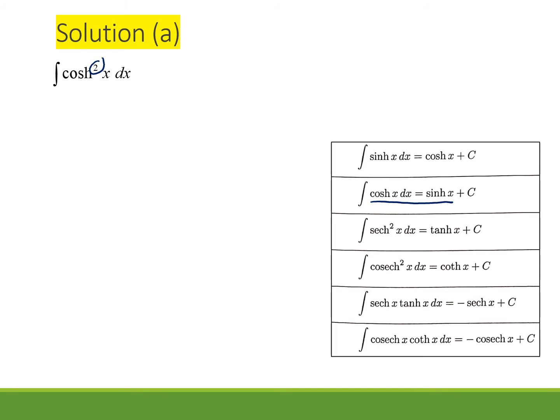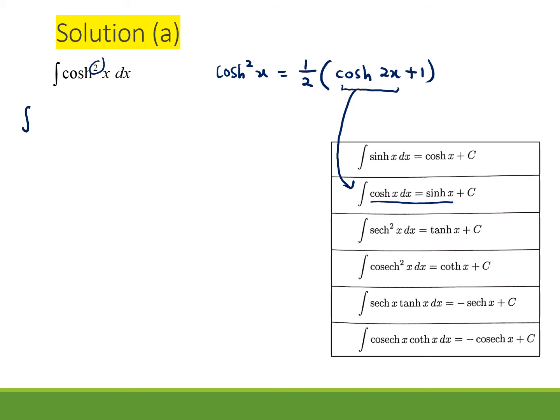where from the formula we know that cos hyperbolic square of x is actually equal to 1 over 2 times cos hyperbolic of 2x plus 1. So now you can see that it is in terms of cos hyperbolic of 2x, and now we can solve using the integration of cos hyperbolic of x dx.